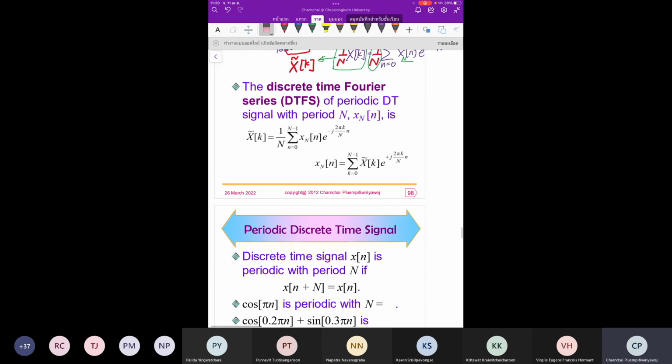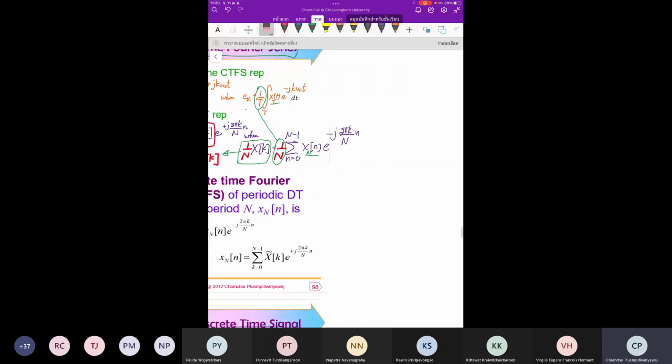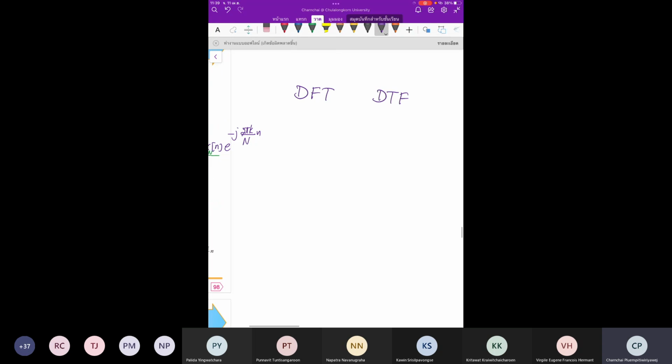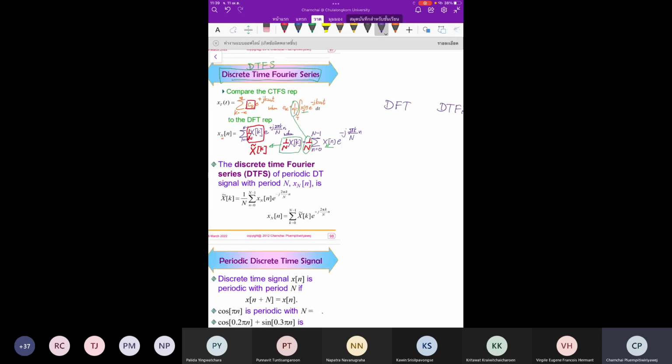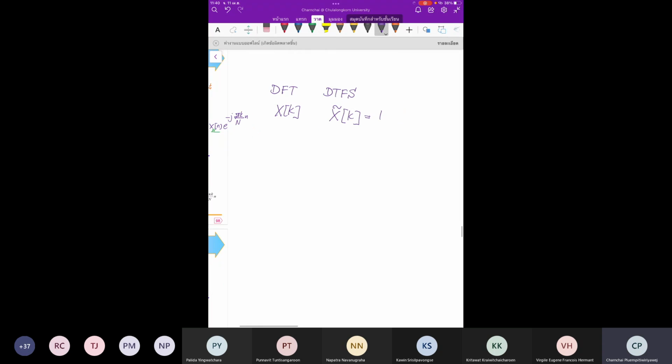Okay. In other words, what does it mean? The DTFS and the DFT. In other words, the DFT, discrete Fourier transform, and DTFS. They are very similar, not exactly the same. The only difference is that in DFT we use capital K, in DTFS we use X tilde K. And X tilde K is just 1 over N times XK.